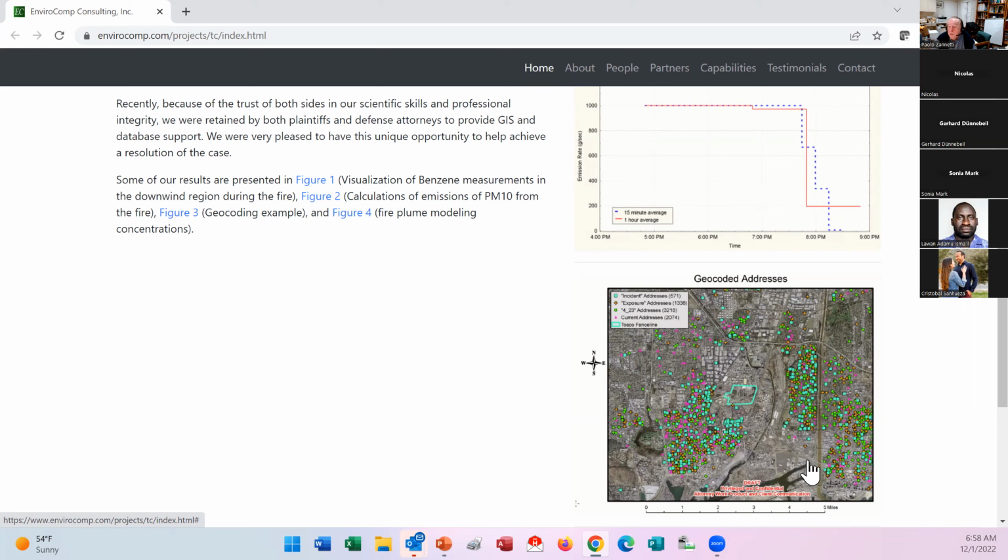So in this case, air pollution modeling is a critical tool to establish how much people have been damaged and how much they should be paid. We are talking about 5,000 people, so at the end of the day, we are talking about tens of millions of dollars that may be involved in a case like this.